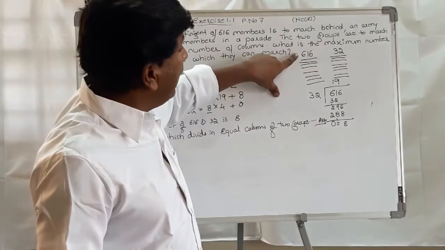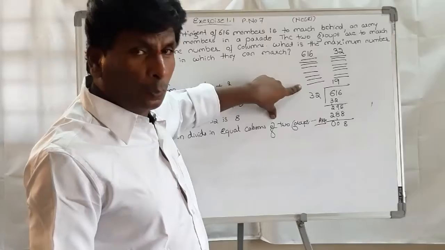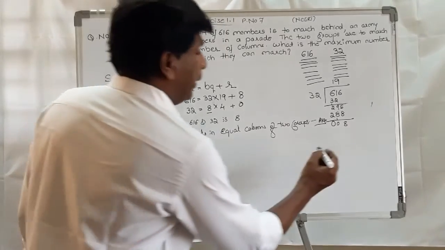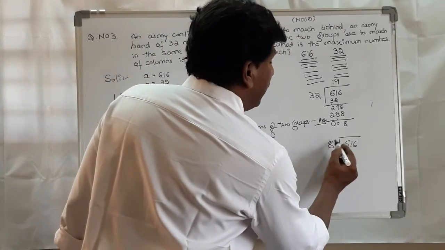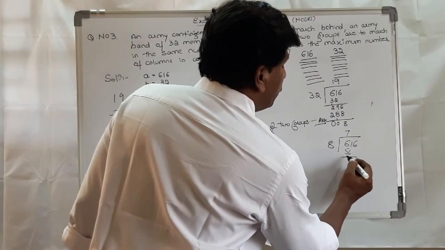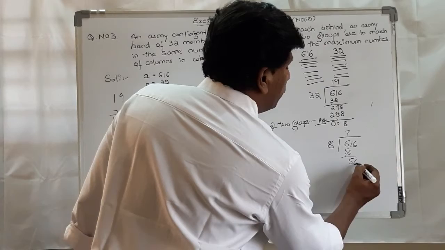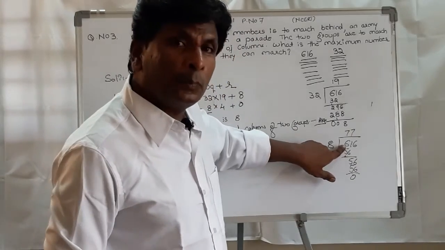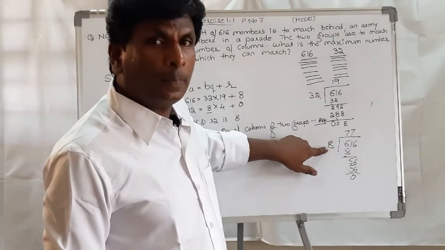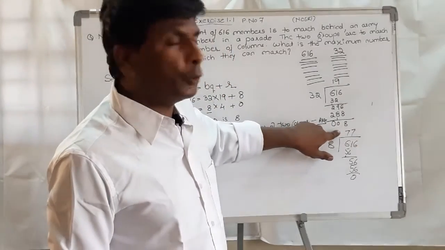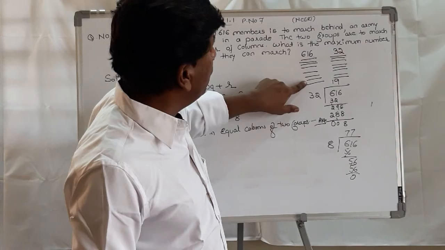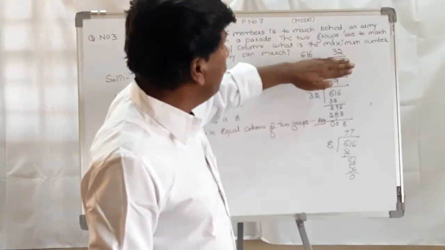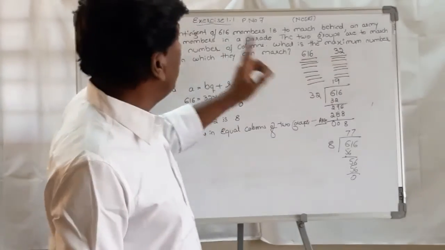I told that the 616 members are in 8 columns with 19 members in every column, but that is not correct. Actually, if you divide 616 by 8, 7 eights are 56 and it works out to 77. So the 616 members divided into 8 columns have 77 members in every column. In the band, in every column 4 members are there. Like that, both are divided into equal columns as the question requires.